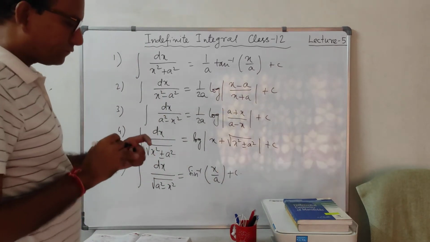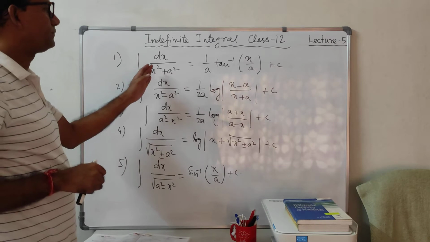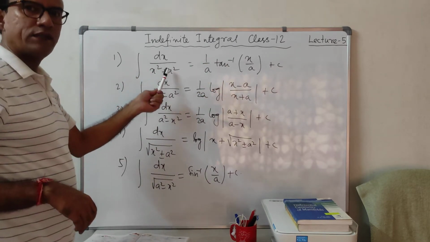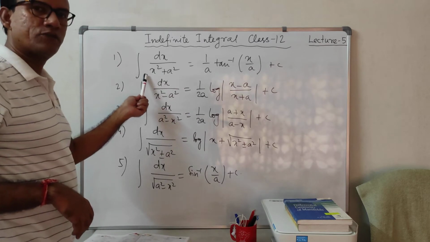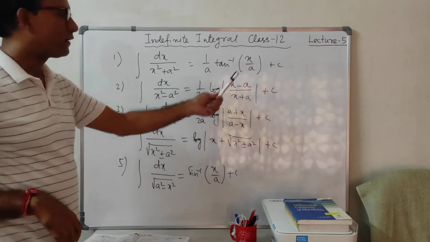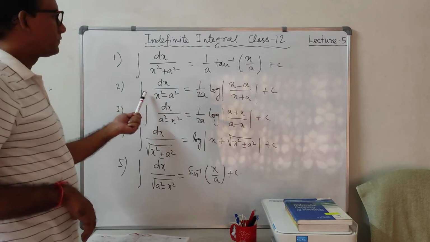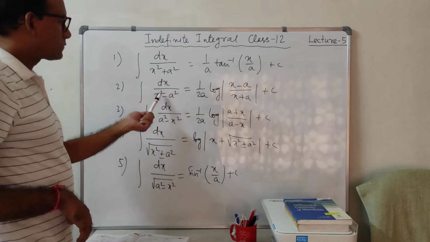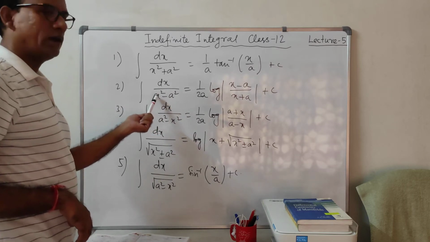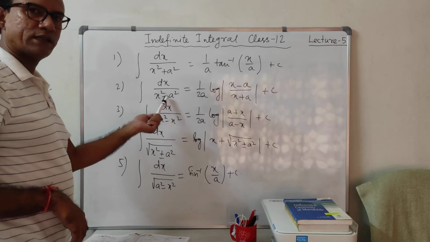Let's see how to develop these formulas. If you take x equals a tan theta, you will definitely get the first one. For the integral dx by x square minus a square, you have to use the formula x plus a into x minus a.